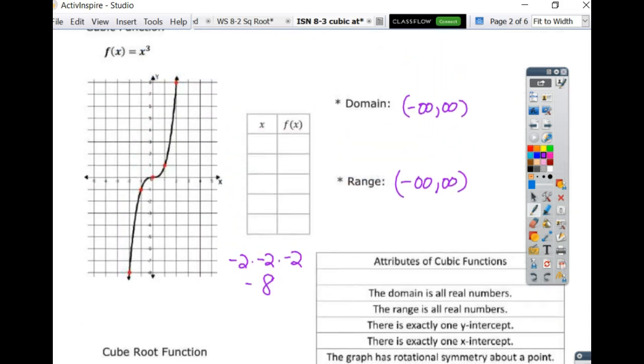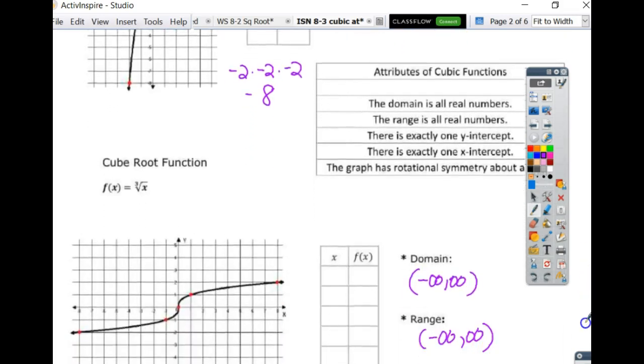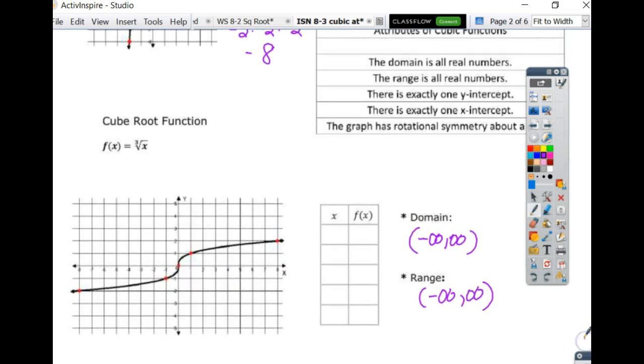For this one, we're going to use (1, 1). And what points are we going to use down here? So if I have negative 1, it's still negative 1. But they just stretch differently, right?